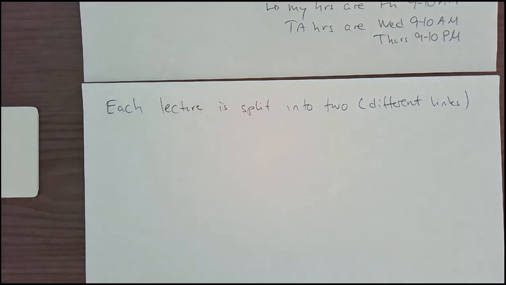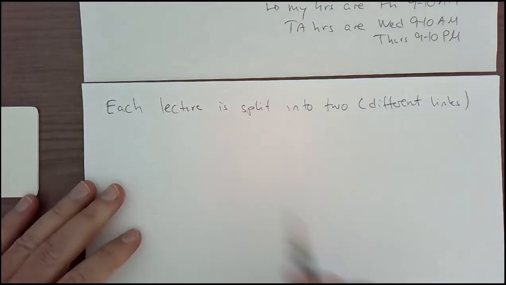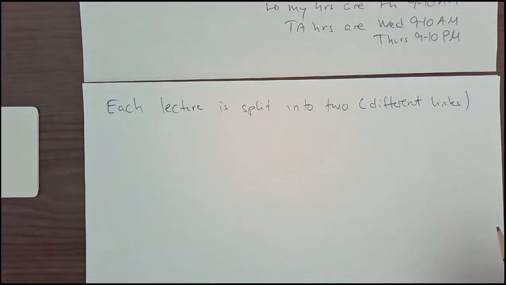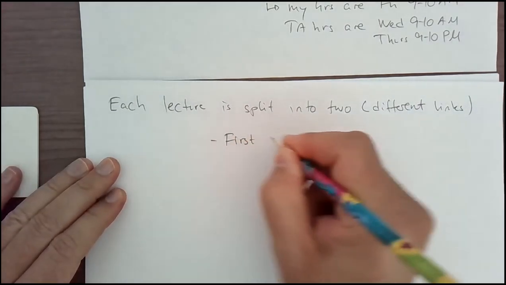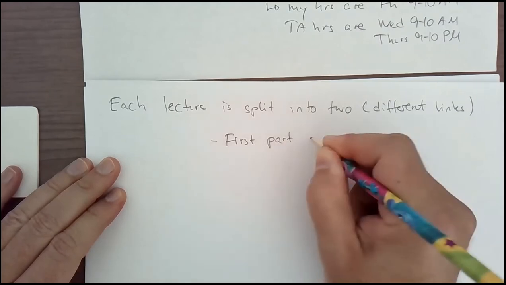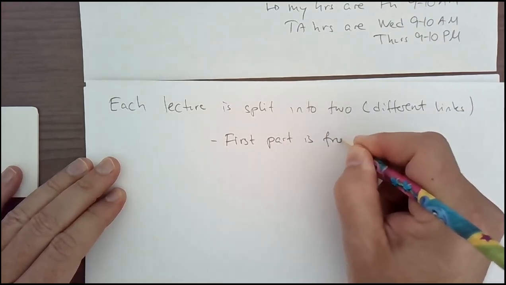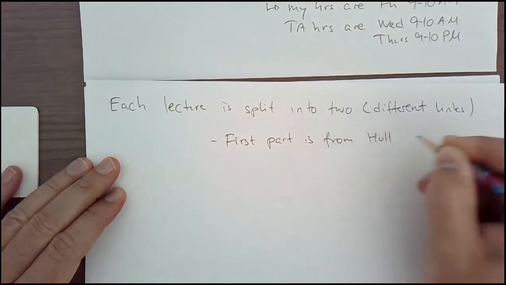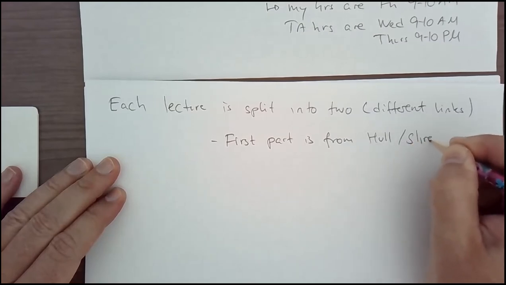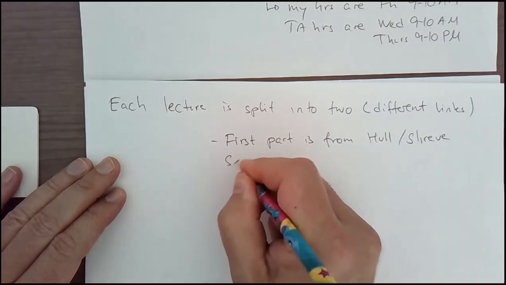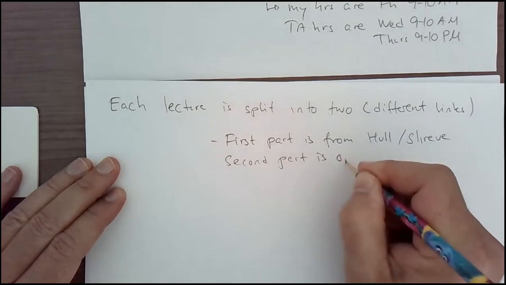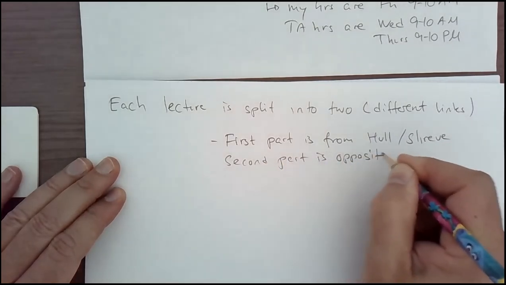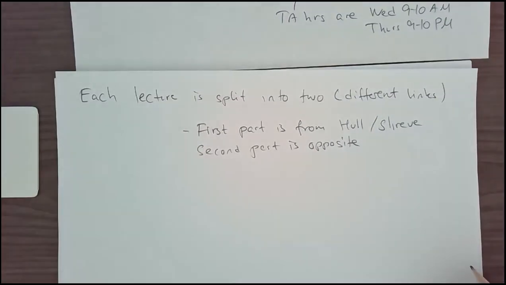The way that I'm going to try to do it is we will split the lecture, and the first part is from Hall or Shreve, and then the second part is the other way around.